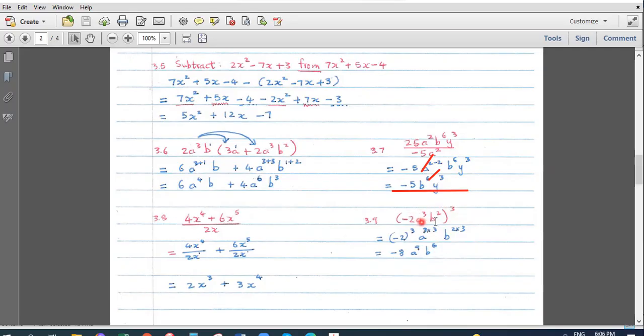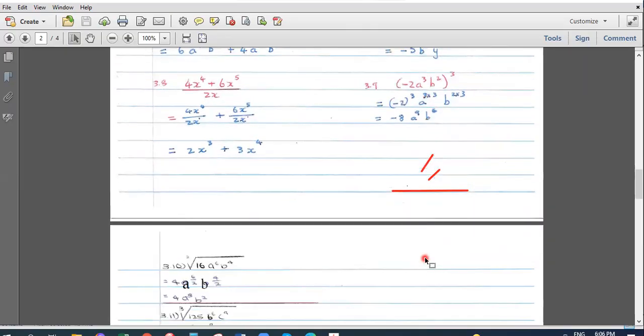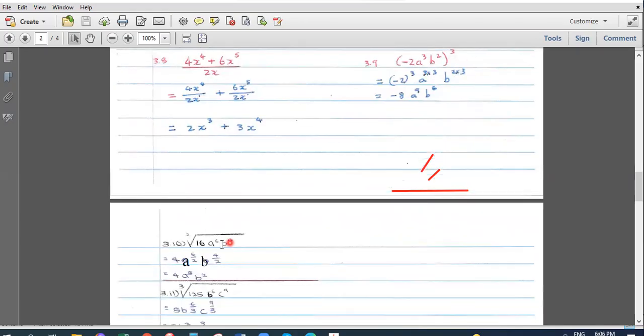So only when you see a power raised to an exponent, then you need to know you have to multiply. Now, as we're multiplying here, we also have the next option where we have to find the square root or the cube root.